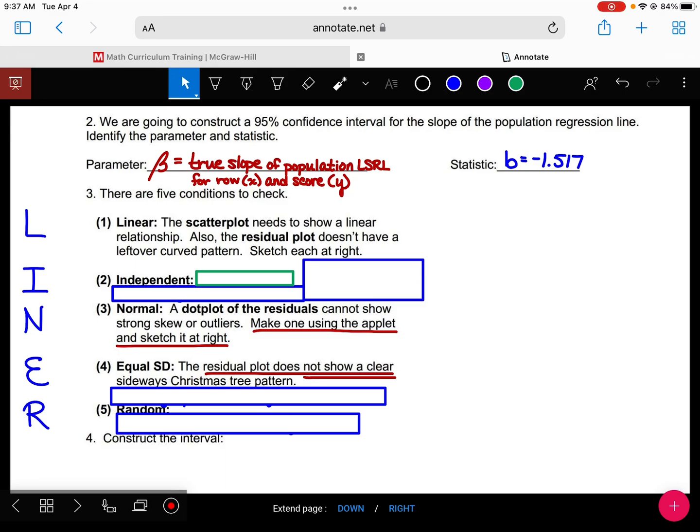And normality, which we get to by large counts, or that was our chi-square large counts. So do I have to check those here? Yes. In addition to the standard 3, I also have to check that the scatter plot shows a linear relationship. Let's go look at our scatter plot here.